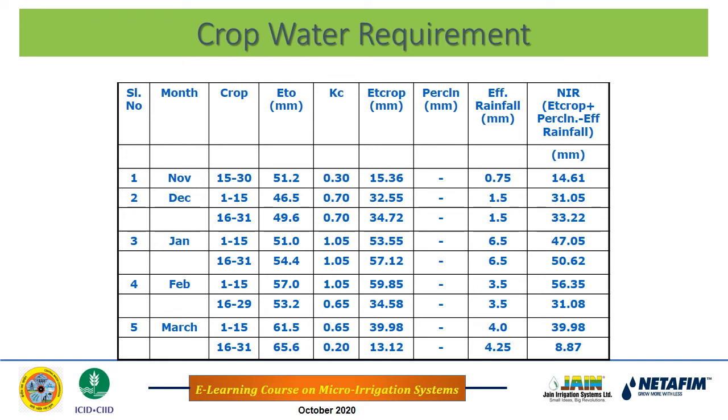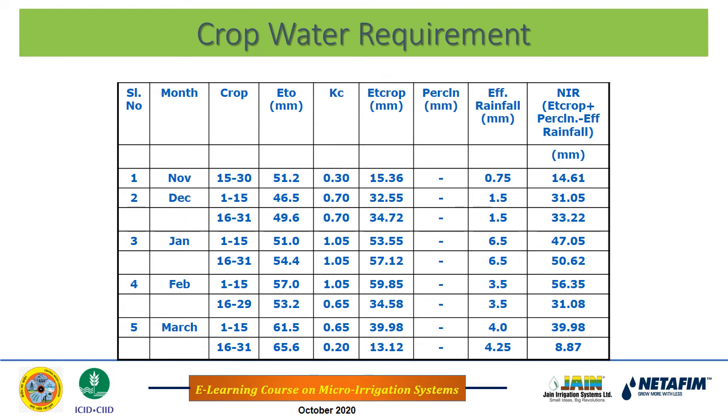If we further divide it by time, we will be able to work out the discharge of water that would be required to provide that water on a uniform basis. So this is how we work out crop water requirement for one crop.